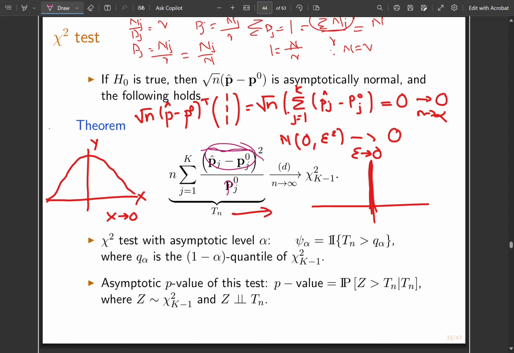Mathematically, it will look something like the sum of pj minus p naught j, where j is 1 through k, and if you do that, it will sum up to 0. That's what we are saying here. Therefore, the degrees of freedom is reduced by 1.